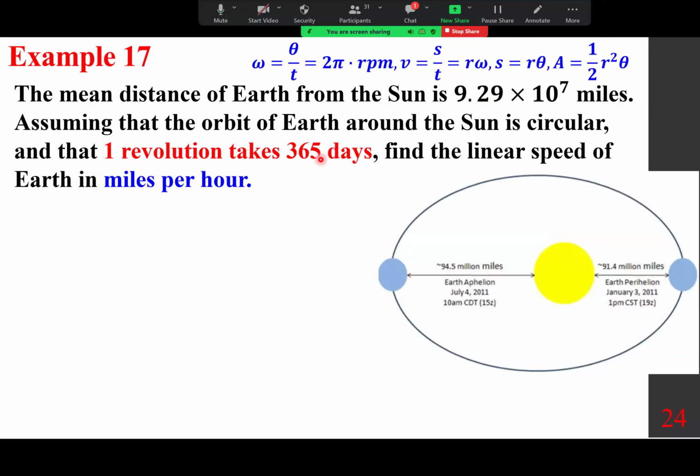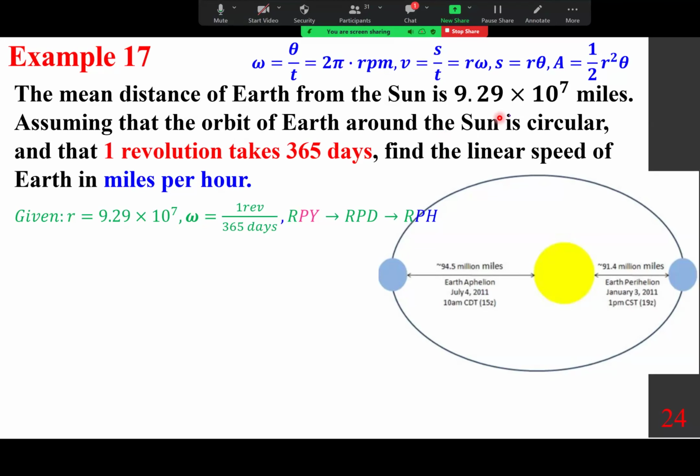Omega is 1 revolution per 365 days. So this is given. Revolution per year. We want to change it to revolution per day, and then change it to revolution per hour. Why do we want to do that? Because it says miles per hour.